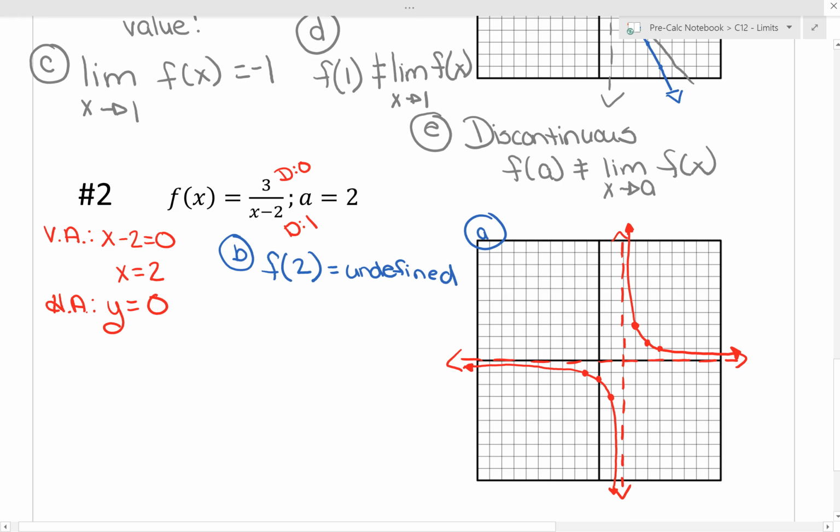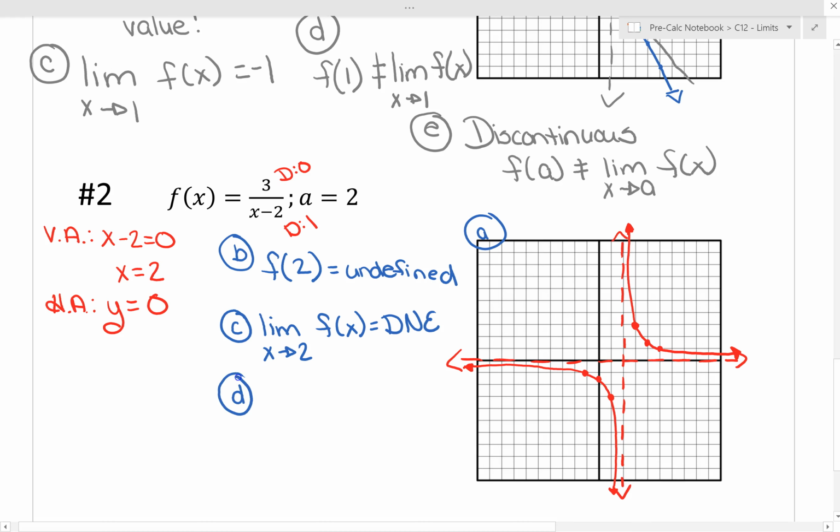Okay. C is for us to find the limit as x approaches 2 for the function.